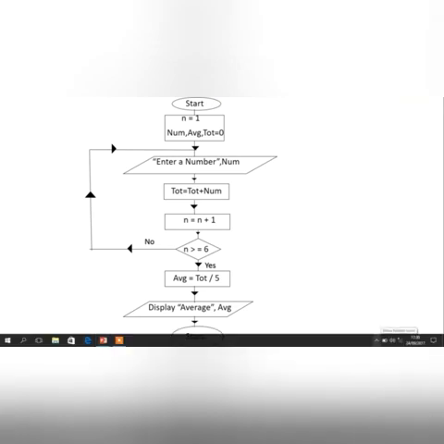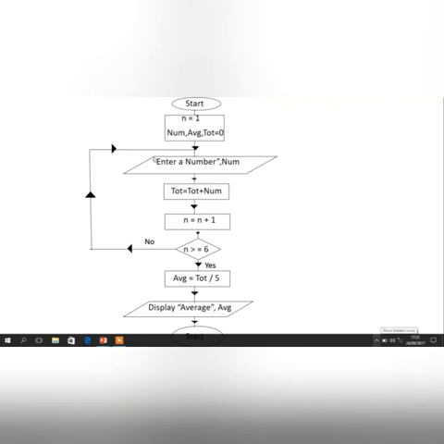So, as in all flowcharts, it starts just like that, and there's a bunch of numbers in this box over here. N equals to 1, num, which means number, avg means for average, and tot means for total. All three of them are equal to 0.